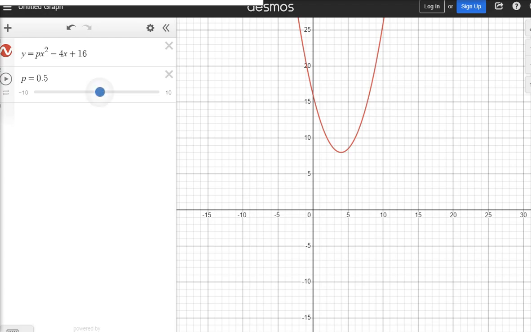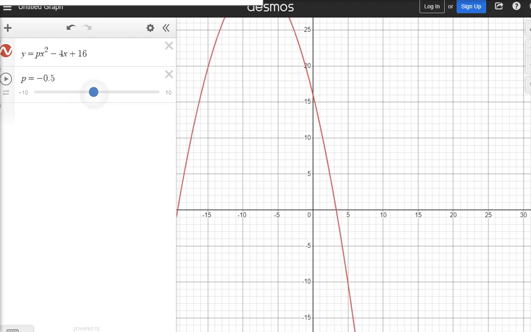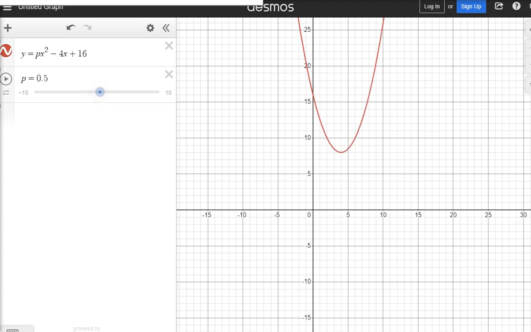So if we change that half to a quarter, what's happened? One real, 2 repeated.